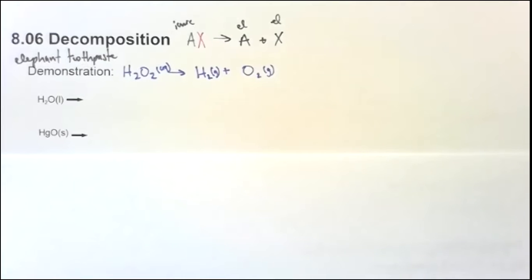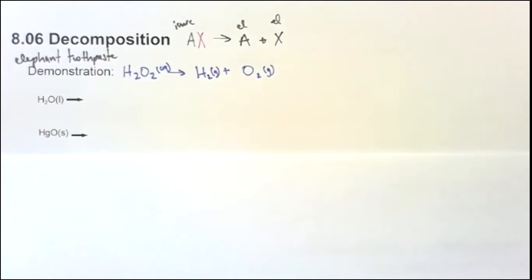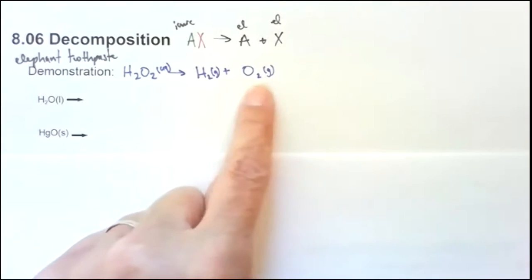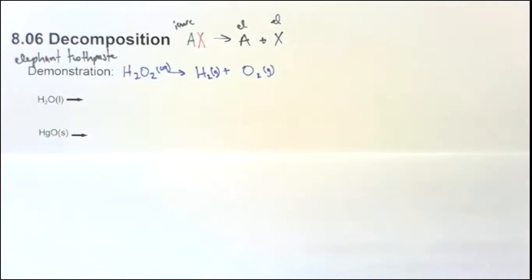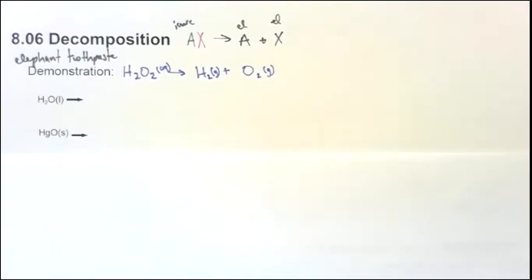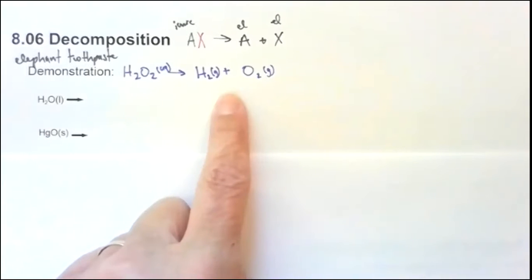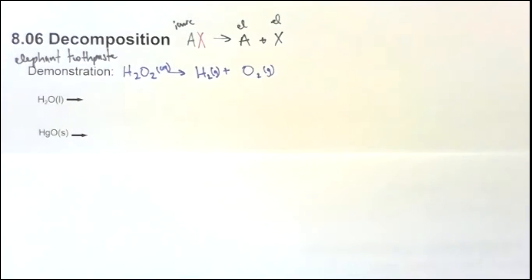So the yeast was to provide a surface, the dish soap was to be able to see the gas, and the food color was just to make it cool. Now the nice part of this is I'm automatically balanced. I've got H2 and I've got O2, and I started with H2O2, so that was our decomposition. I'm going to skip water because it's basically the same thing. It's just going to be balanced differently.